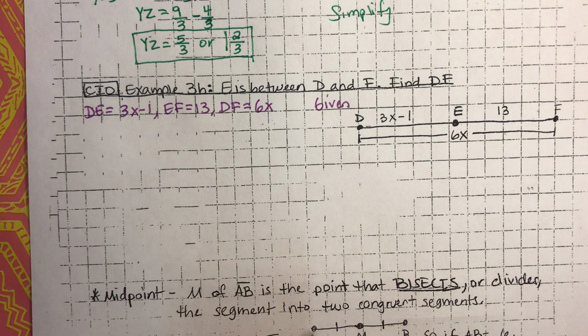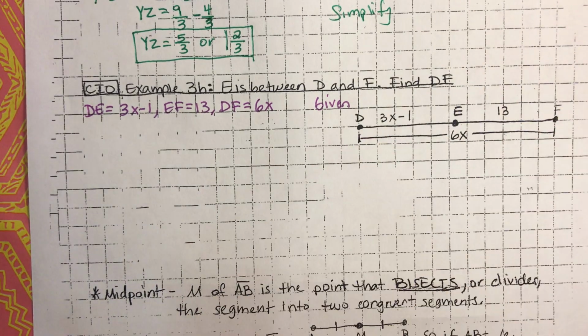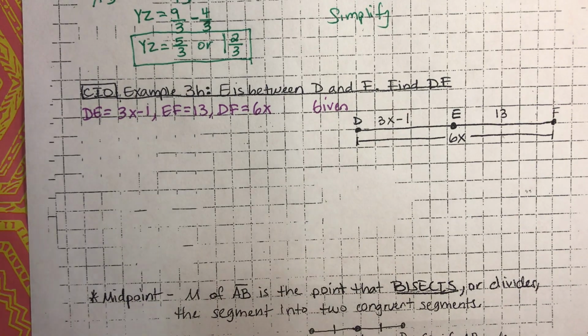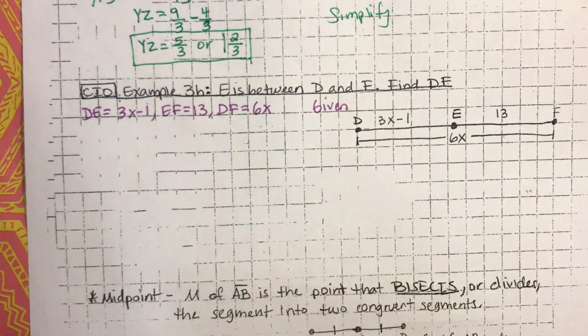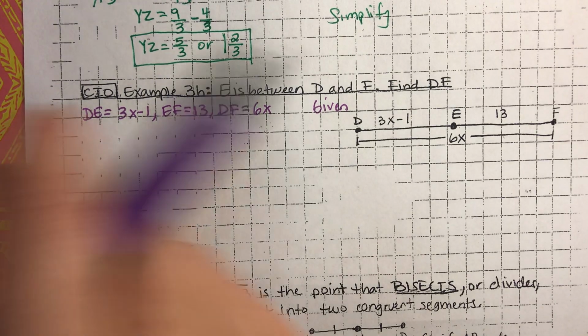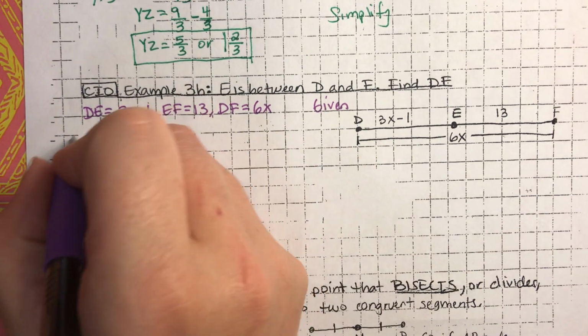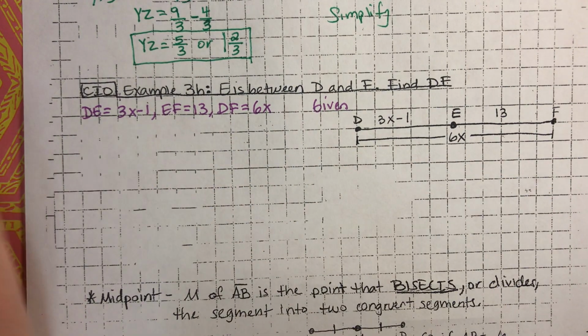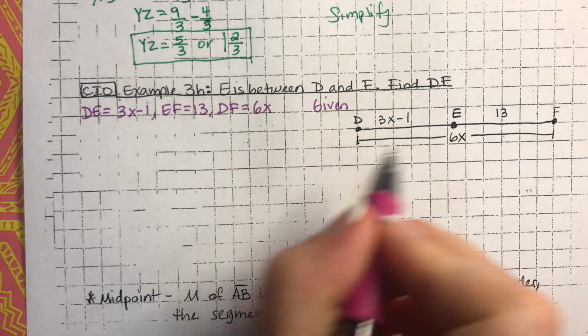Okay, so what do I write next? Well, what is it giving us? This is a part, this is a part, this is a whole. Boom, it's a segment addition postulate. So I write the segment addition postulate. Just by looking at this picture, I know that it's a segment addition postulate. Piece, piece, whole, segment addition postulate. I'm going to write that down in symbols, and I really want to magnify the fact that I'm writing in symbols.